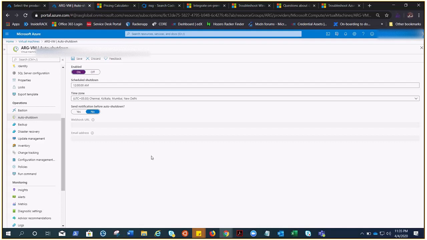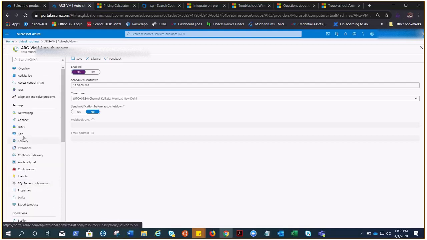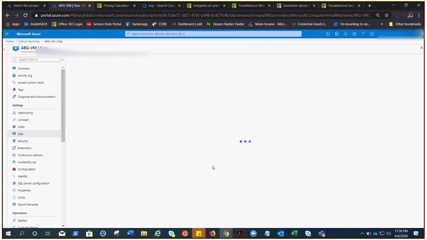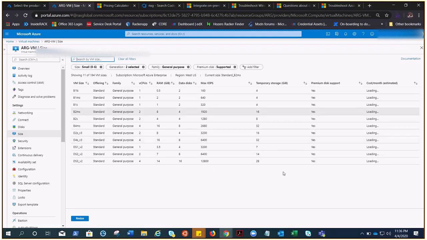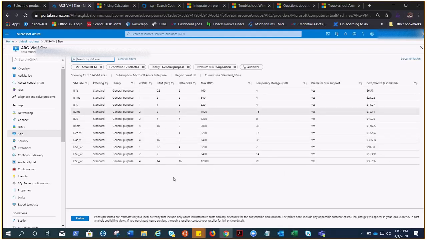So tip number two, right-sizing of the VM. If I go under size, you'll find there are a lot of sizes available. For example, B2MS has two CPUs, 8 RAM, and 4 data disks.